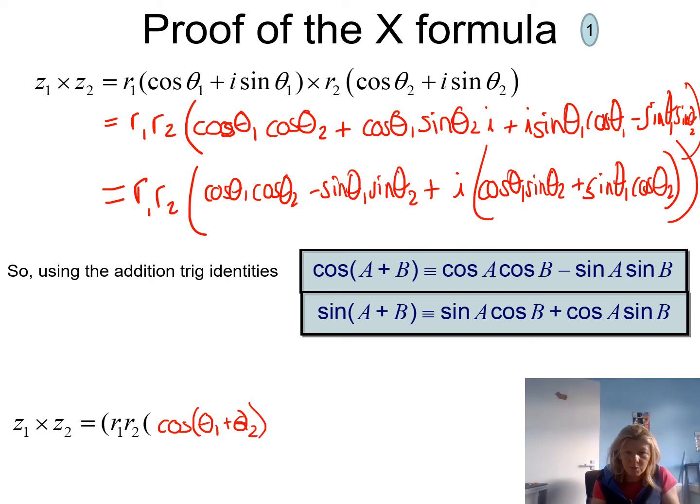And then the second one's like the one on the bottom, so plus i sine of theta 1 plus theta 2. That really shows the proof, because you're adding the arguments and multiplying the moduli.